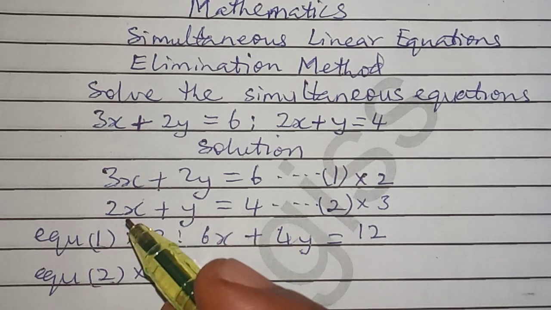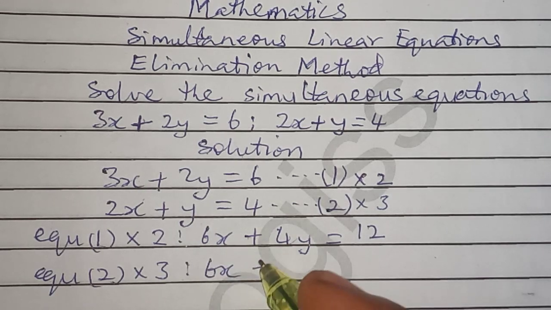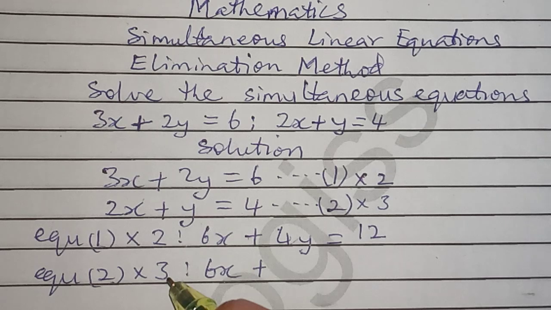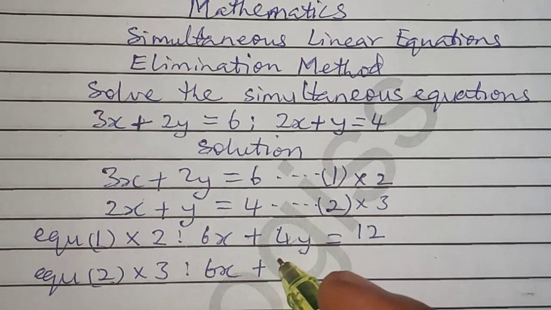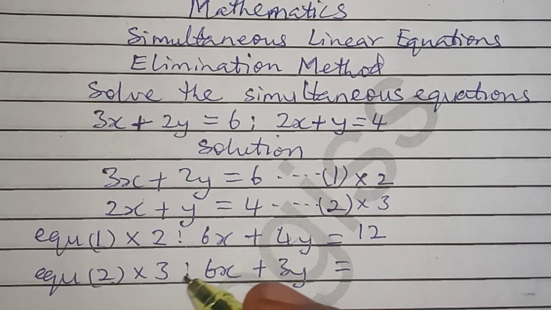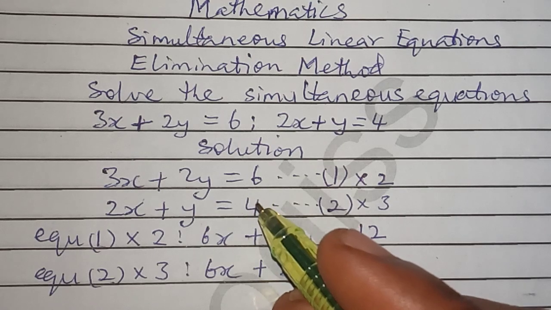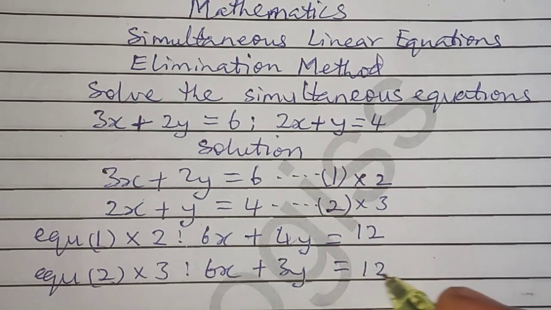So 3 times 2x will give us 6x, plus 3 times y will give us 3y, equal to 3 times 4 will give us 12.